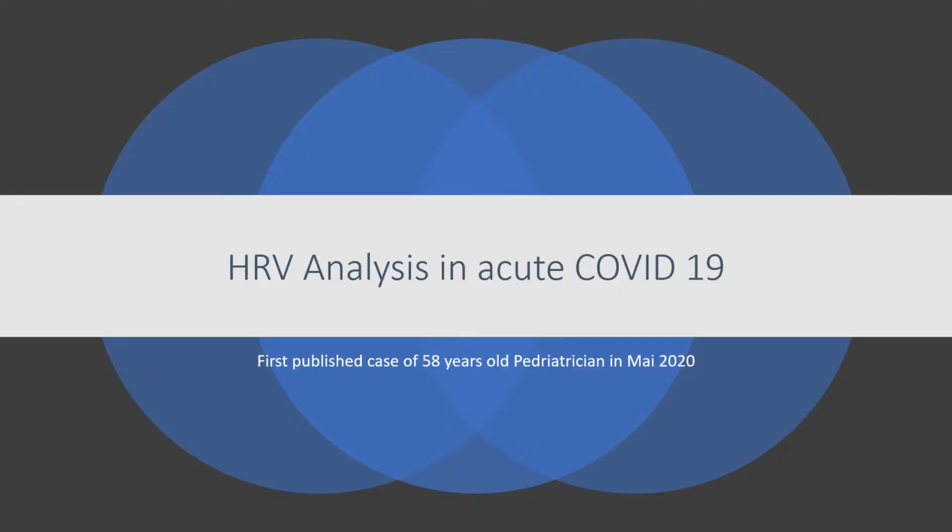In the first part of this presentation, I demonstrate the HRV analysis in acute COVID-19 in a 58-year-old patient who suffered from the disease in April 2020, and the data were published in May 2020.